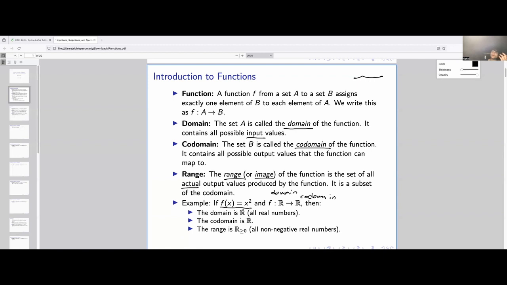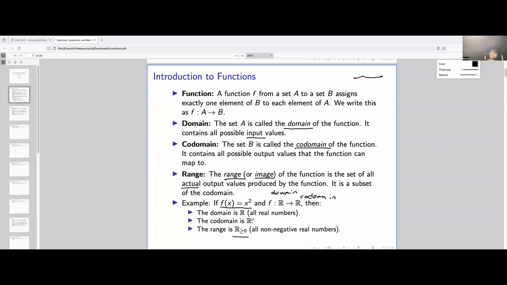But if you know anything about x squared, when I take a number and square it, I can't actually get a negative number. I can get 0 if I plug in 0, otherwise I'm going to get something positive.